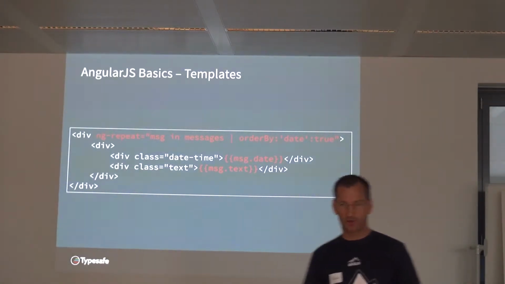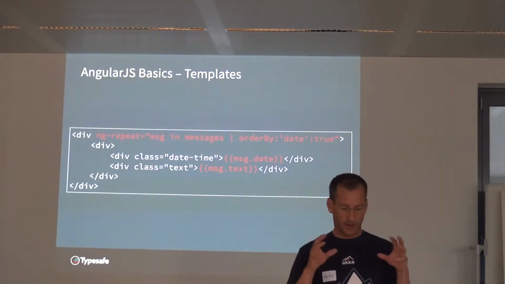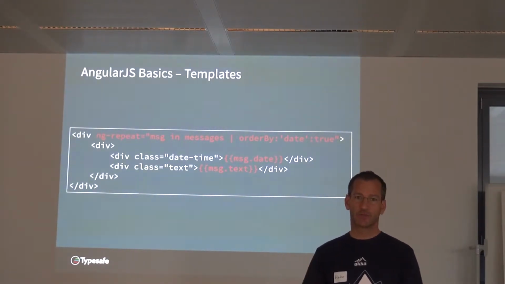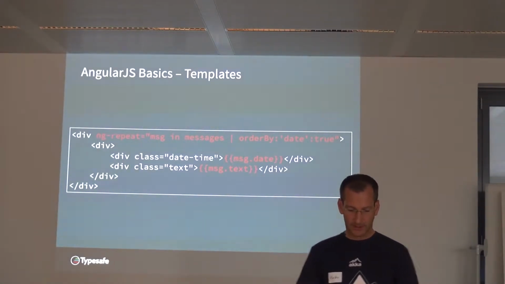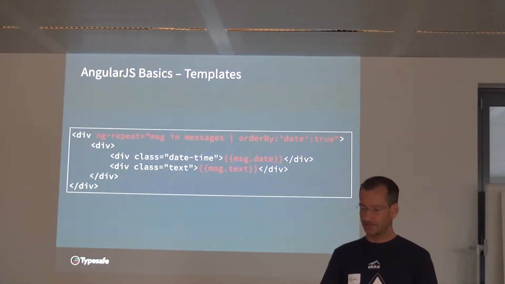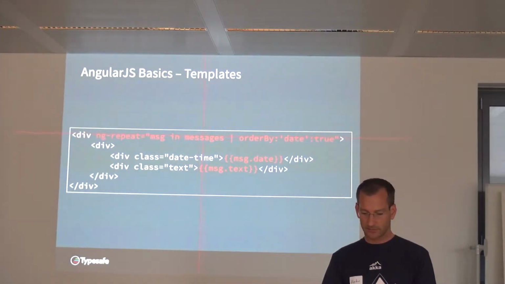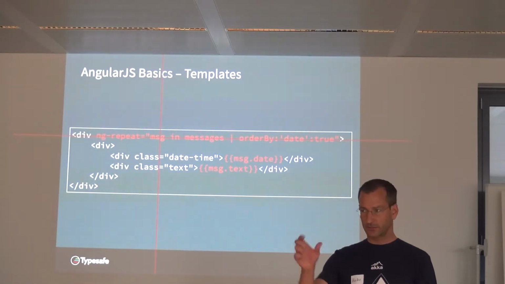So in AngularJS, you have a couple of main components. One is the templates. Templates are just HTML with expressions mixed in, and so-called directives mixed in. So here you have a div, and here's a directive which tells you, okay, you want to iterate some array which is called messages, and extract each message or iterate over each message.